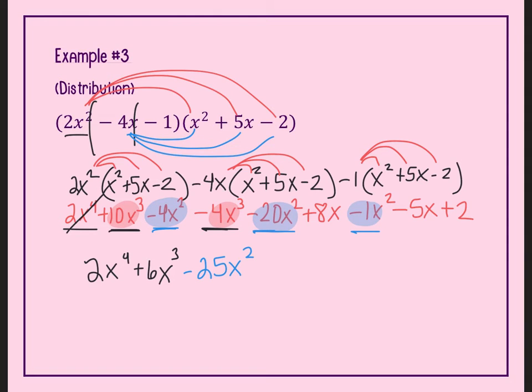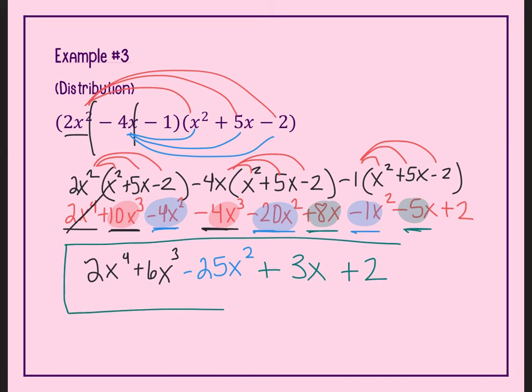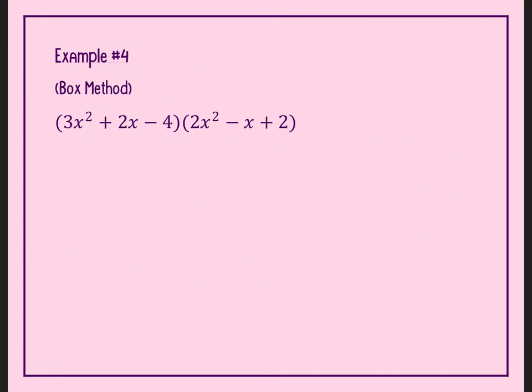Next, I'm going to do my x's. I have 8x minus 5x. 8 minus 5 is a positive 3x. And then I'm going to bring down that plus 2 at the end. So this was 3 terms times 3 terms by using the distribution method.